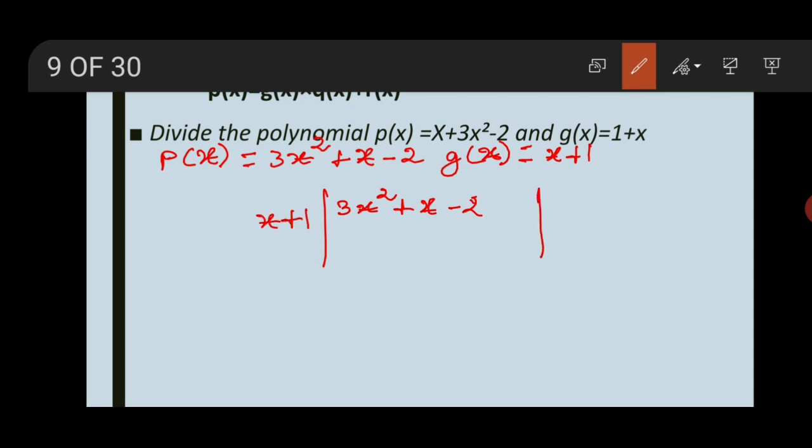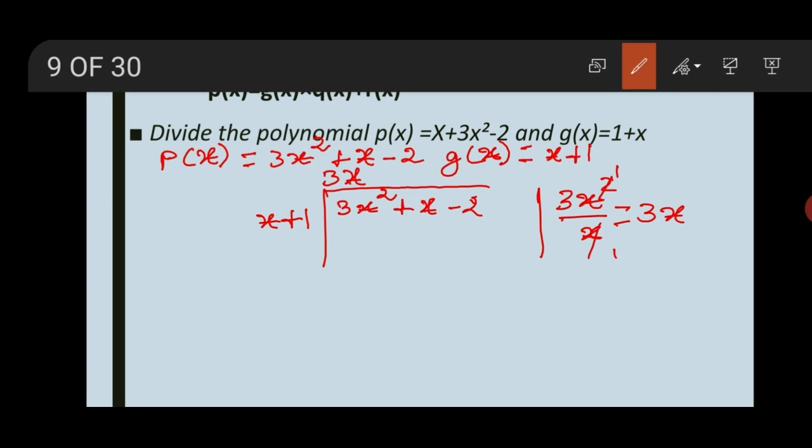Now, write the dividend's first term here and divide by the divisor's first term x. x and x get cancelled. Now you will get 3x as the quotient. I will write 3x here, it is the quotient.